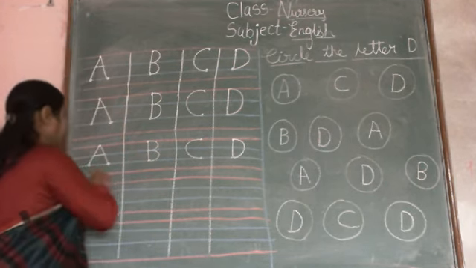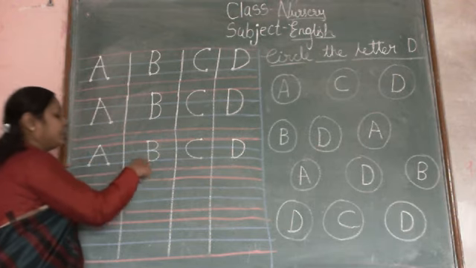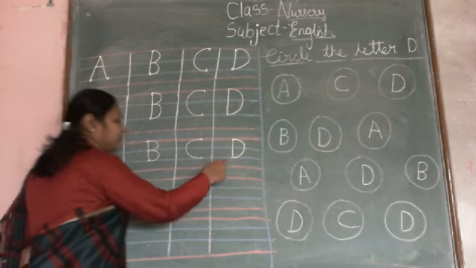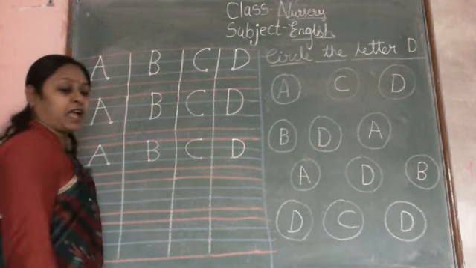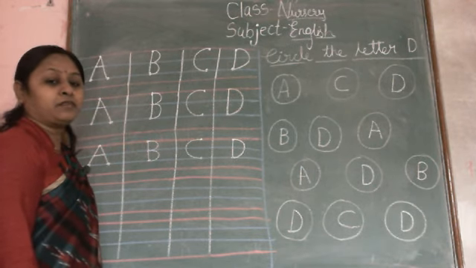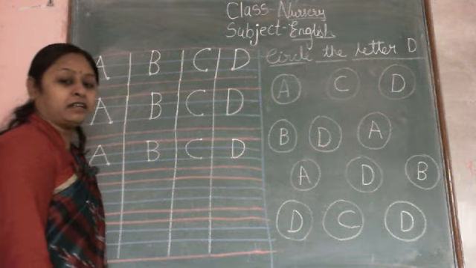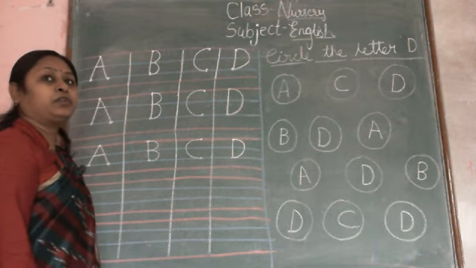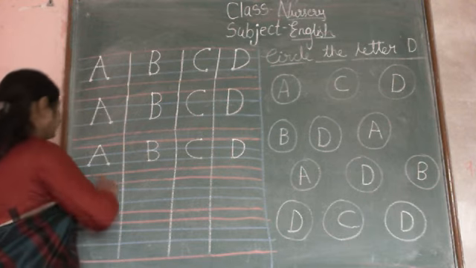D. A, B, C, D. You have to say and write. What will you do? Say and write.